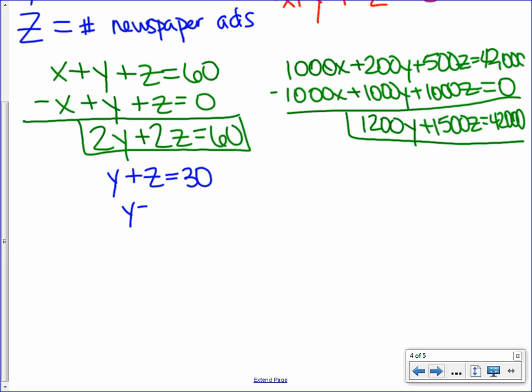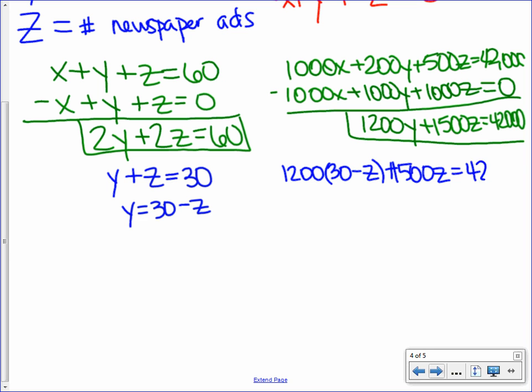Okay, so y equals 30 minus z. So then we can go over here and say 1200 times 30 minus z plus 1500Z equals 42,000.